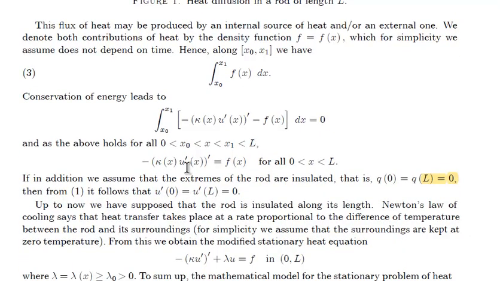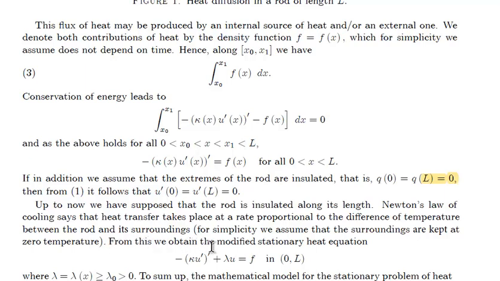Now this reference says there's an additional term if you have the surroundings transferring heat to the rod. Newton's law of cooling says that heat transfer takes place at a rate proportional to the difference of temperature between the rod and its surroundings. For simplicity, we assume that the surroundings are kept at zero temperature. In fact, we can define zero temperature as the temperature of the surroundings.